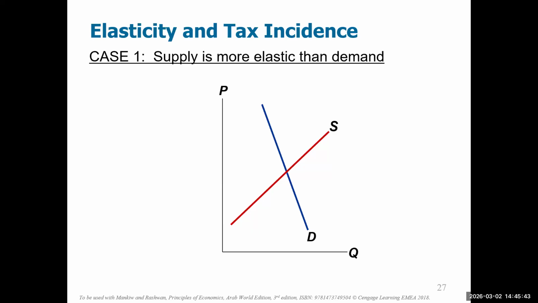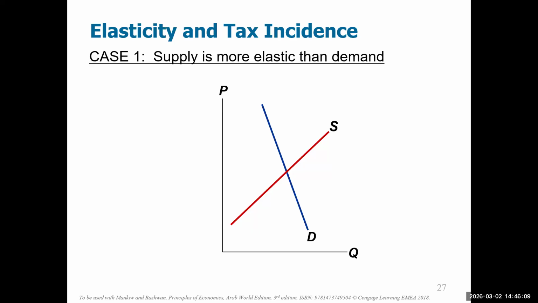I mean, it's very unrealistic, but I'm giving an example. So suppliers say, okay, we have to pay so much tax for this medicine. There were 5 companies making medicine, 3 of them left. There are only 2 remaining. But as far as the demand is concerned, the people will still need that medicine. So when the price goes up because of the tax, the consumers pay most of it. So this is the exception here.